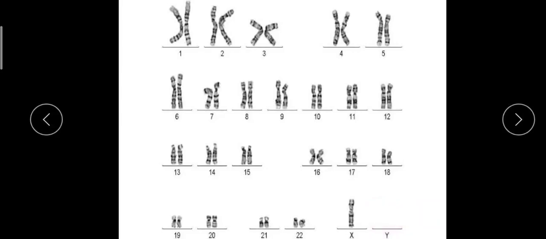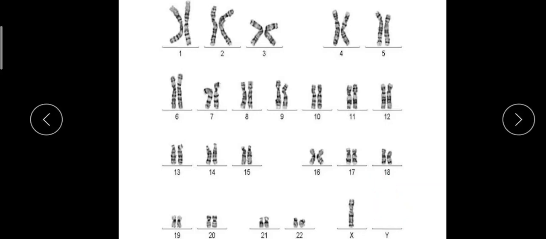So as it is X and Y, it will be a karyotype of a human male, and if it was a female, then we will have XX. So that is the condition. So here the chromosome Y is missing, right? We cannot see the chromosome Y here. So that is, chromosome Y is missing.